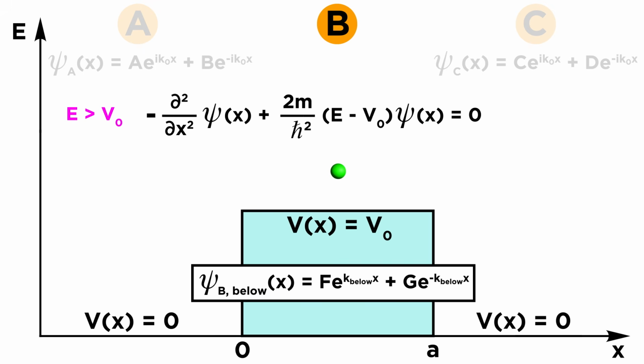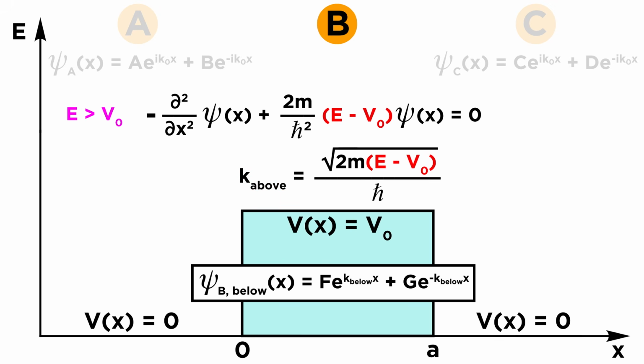To finish this off, let's consider the case where E is greater than V0, or higher than the height of the barrier. Here, everything will be the same as what we just saw, but let's use a different constant, k above, which is the same as k below, but instead of V0 minus E, we have E minus V0 in the parenthetical.